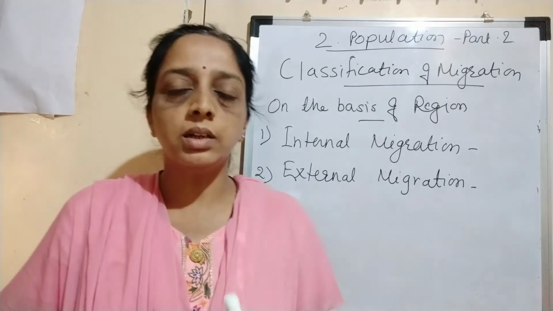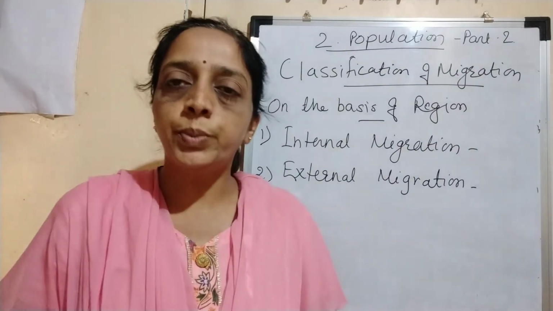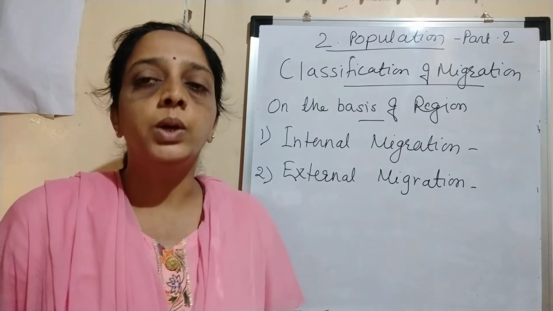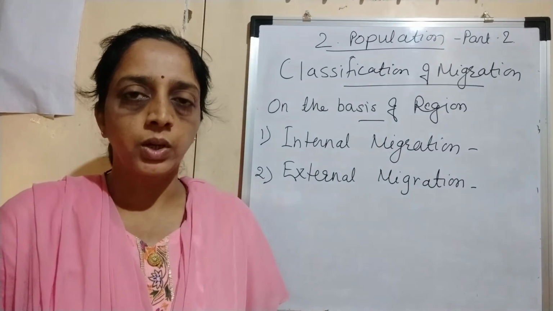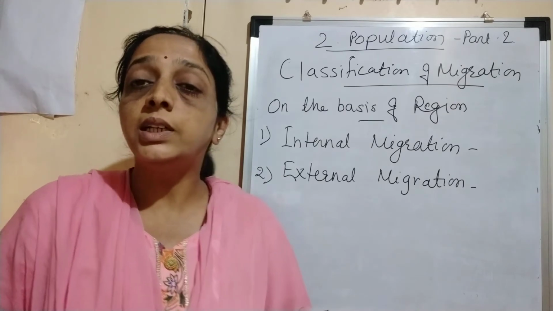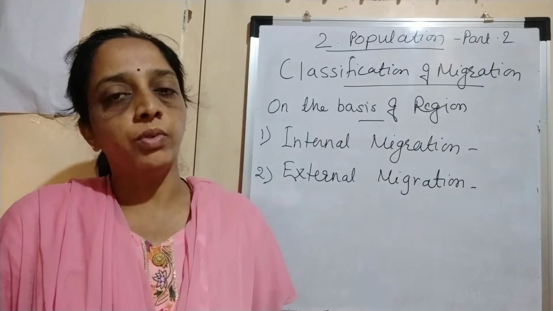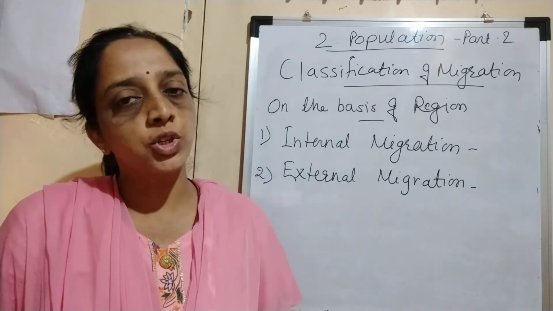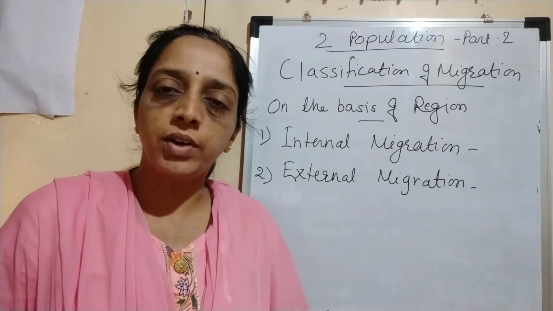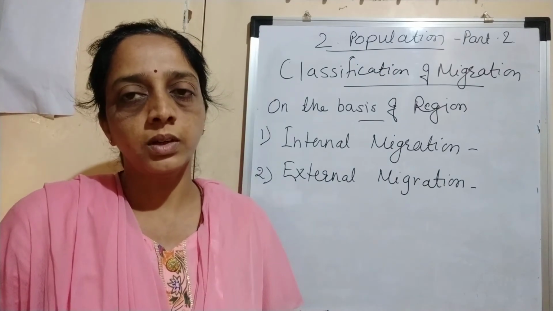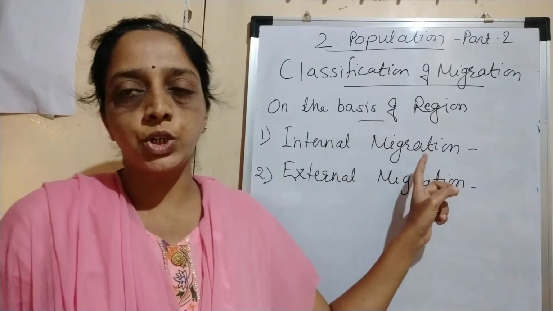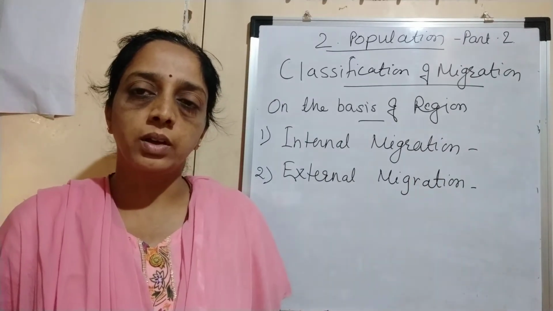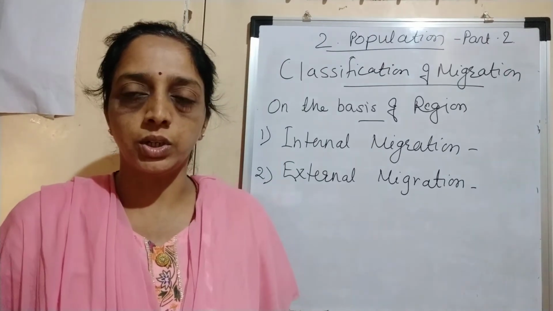So, in internal migration, a person or a group of people is migrating within the country. Within the country, a person need not take any permission of the government because the person is in his own country. So, he can migrate anywhere, anytime. So, in internal migration, there is district to district migration and state to state migration.